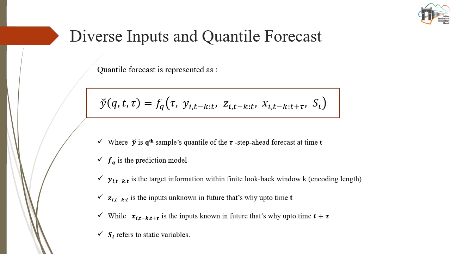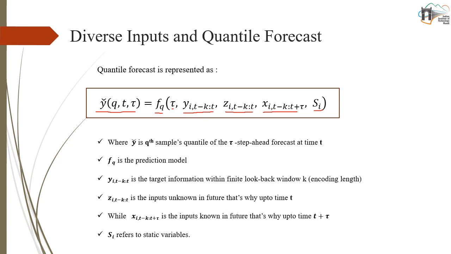So as you can see here, y cap q(t, tau) is equal to a function f_q, which takes as inputs y_{i,t-k:t}, then z_{i,t-k:t}, then x_{i,t-k:t+tau}, and s_i. Now, let's go through what these variables mean one by one.